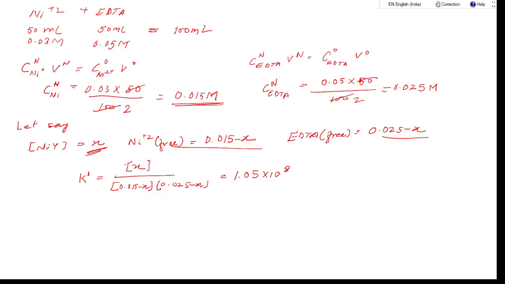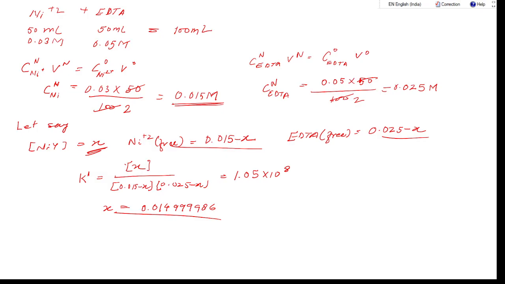Now if you solve this quadratic equation, you will find X is going to be 0.014999986. So this is the value of X.